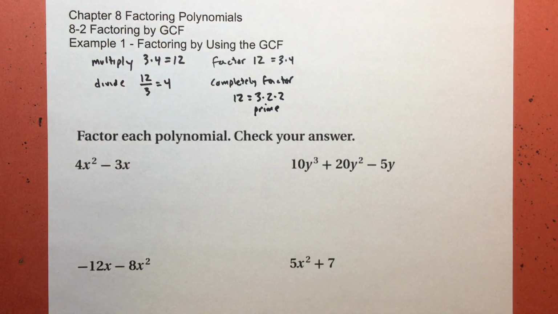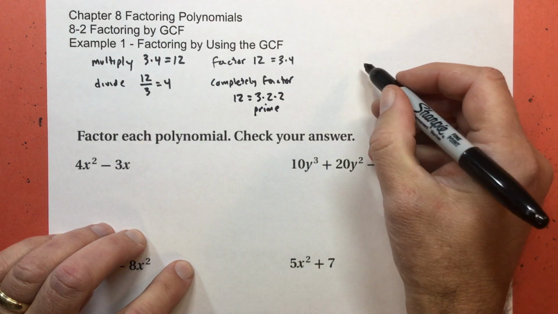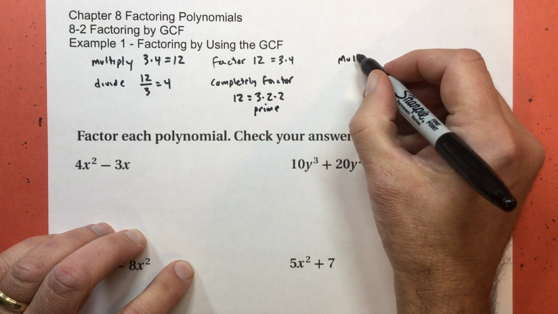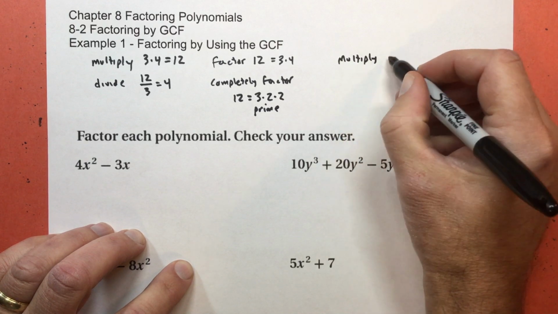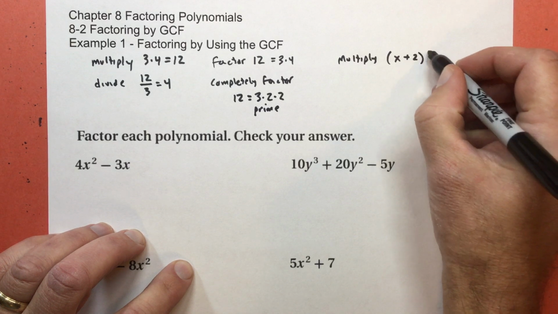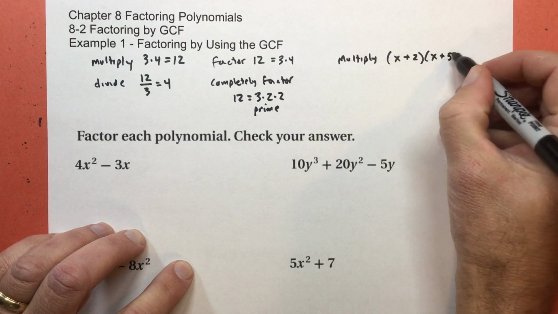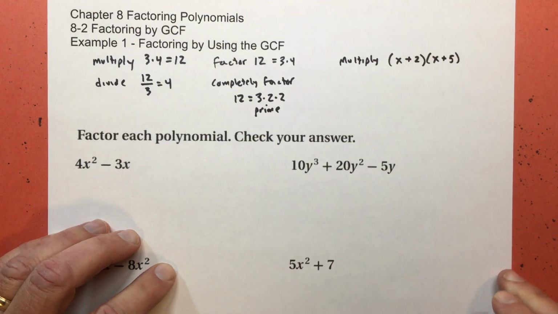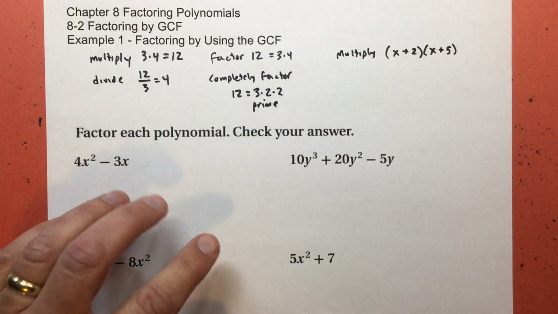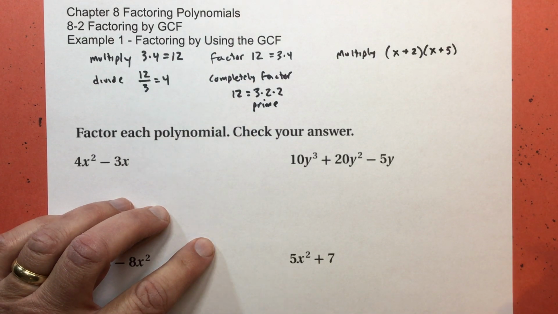So what are we doing now? So you learned in a previous lesson in chapter 7, that if I multiply x plus, I'll give an example here, x plus 2 times x plus 5. And we talked about how to do that. I mentioned doing it with a multiplication chart. Some people call that the area model.